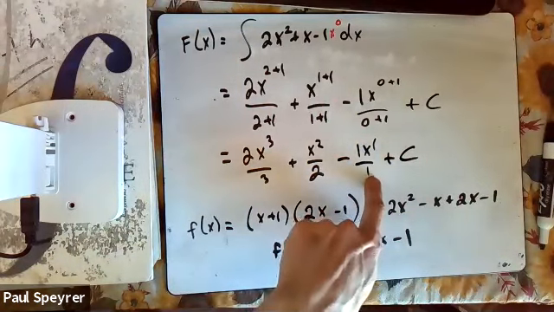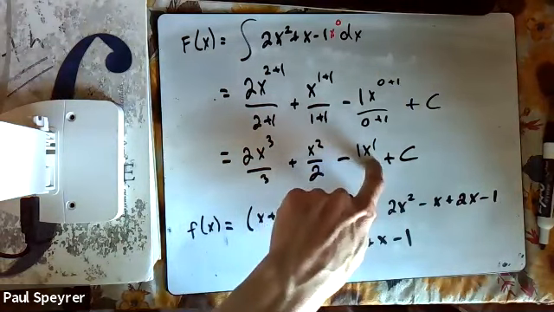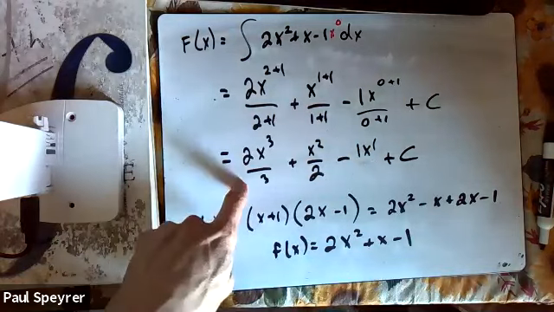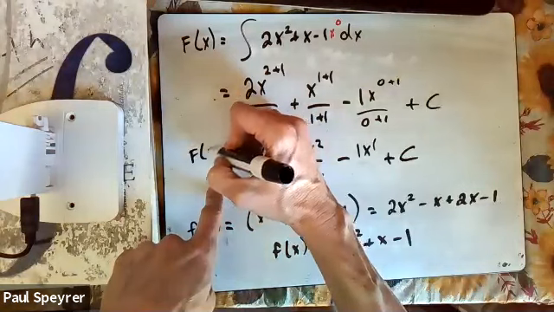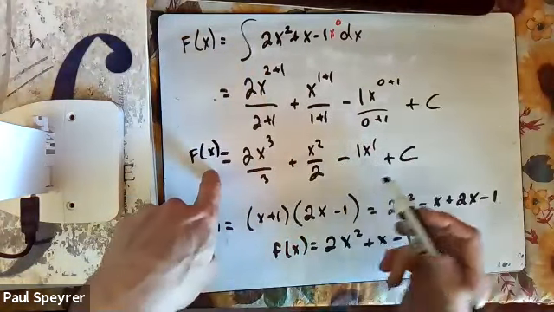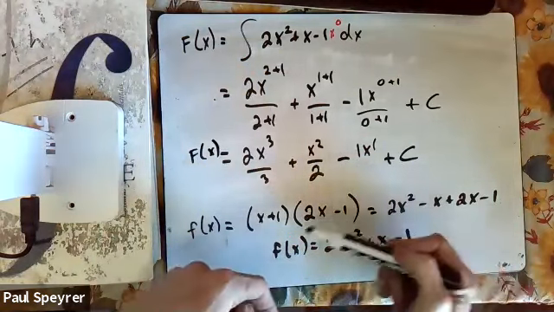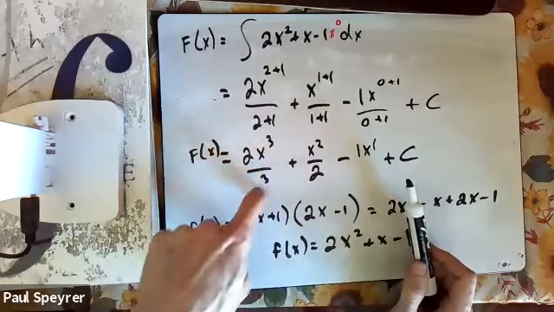And of course, you don't need this 1 on the bottom, right? You can say that's just 1x to the first, or 1x. Now, is this the antiderivative of this function right here? Well, how do we check it? We derive, right? What's the derivative of 2x cubed over 3?